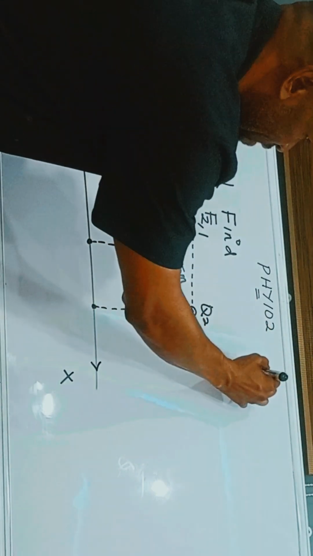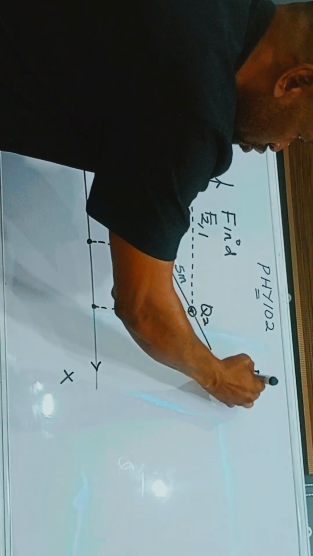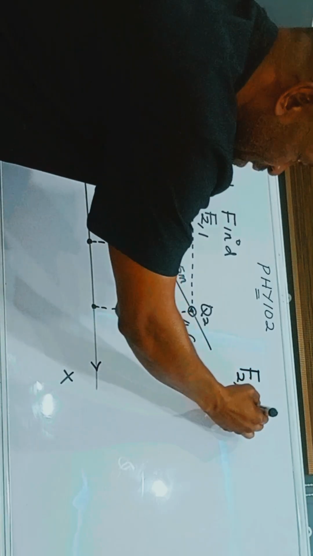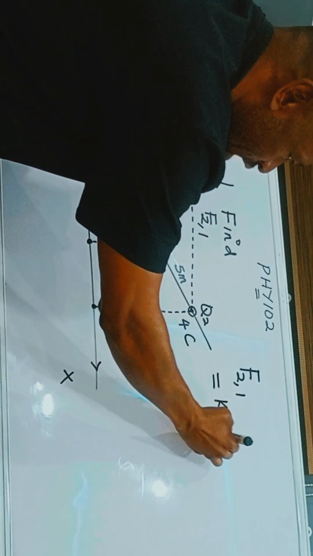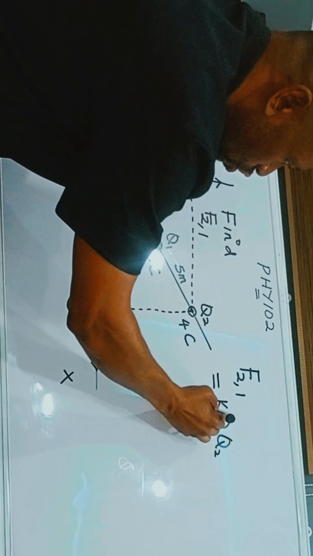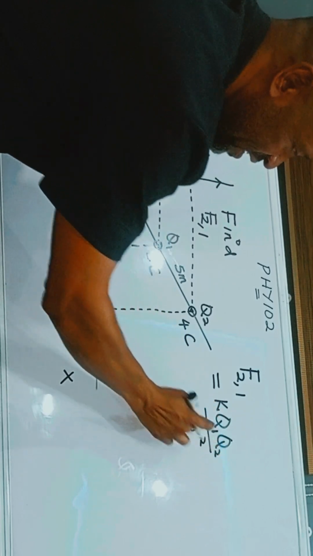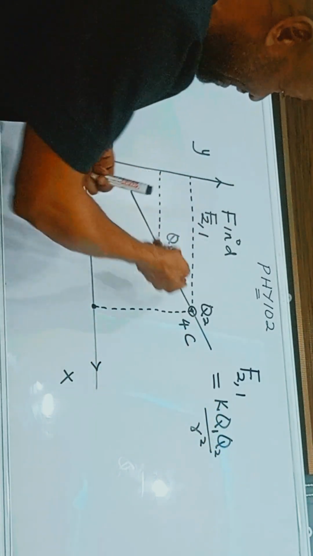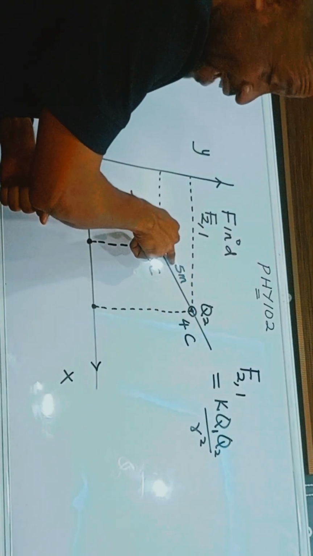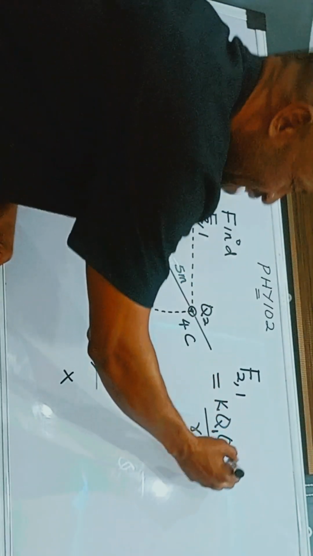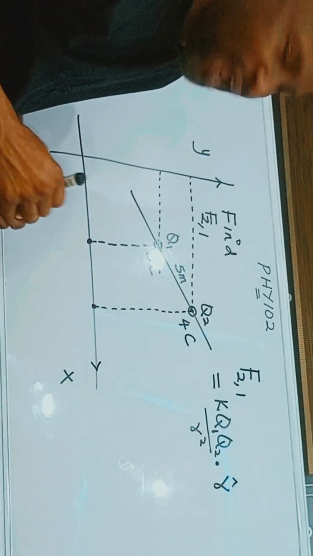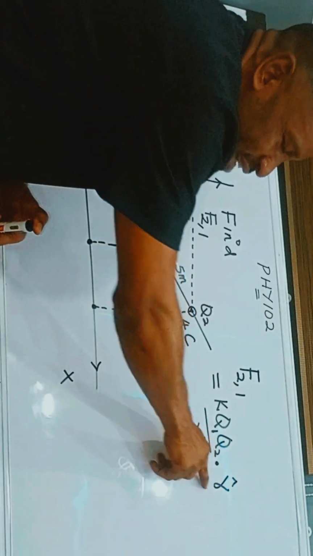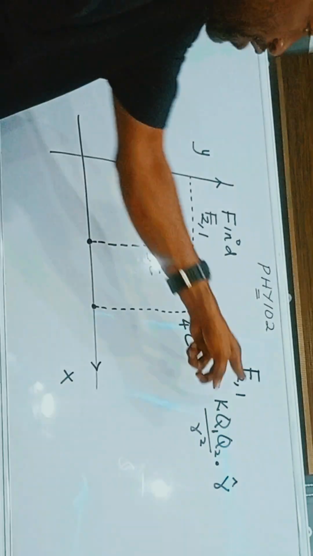Now, see the way we write the new formula. The force on 2 due to 1 will be defined as K Q1 Q2 over R squared. This R is the scalar distance existing between the two of them, which in this diagram is 5. Then times what we call R cap. This R cap is a unit vector pointing from 1 to 2.